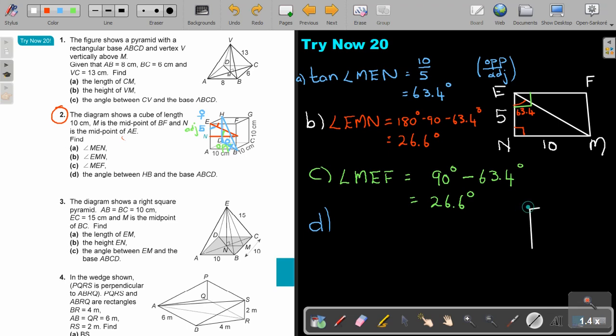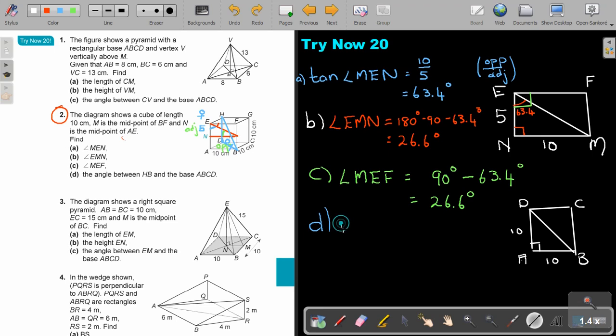Now if this is the base, and that is 10, and that is 10, that was A, B, C, D. So I must now first get DB. And how do I get DB? By saying, it's Pythagoras, because there's my 90, I have 2 sides.